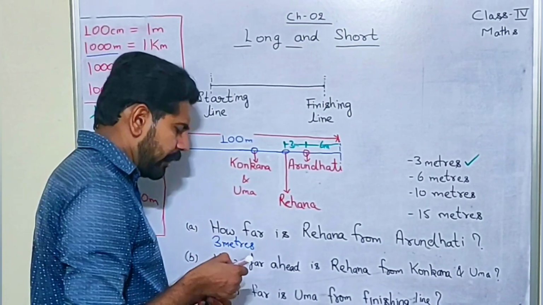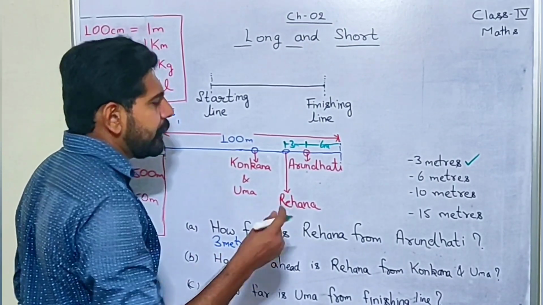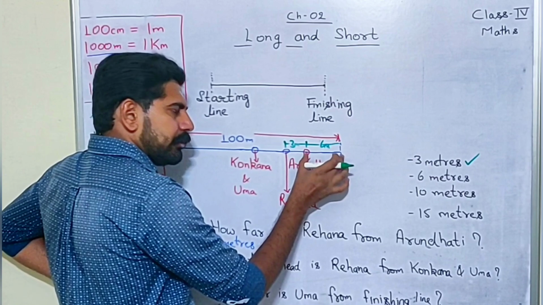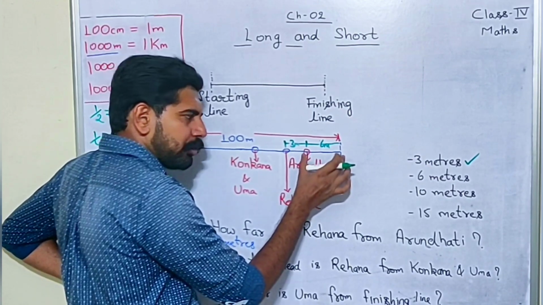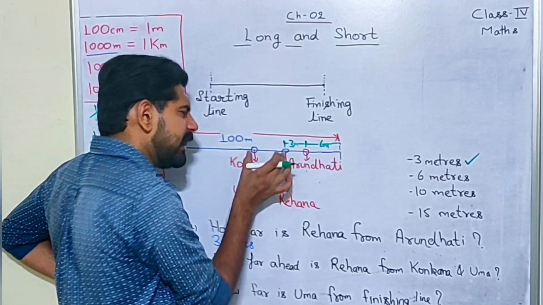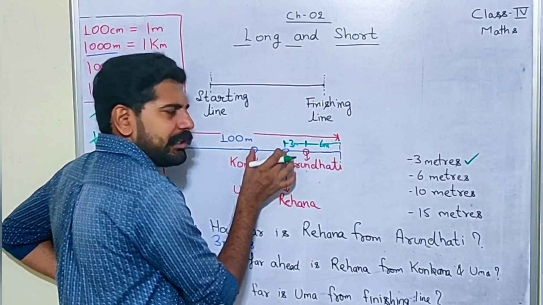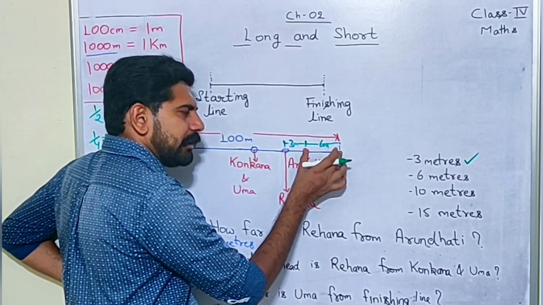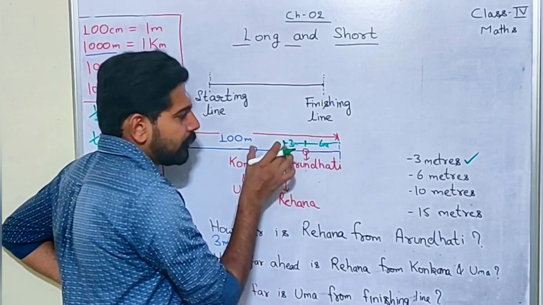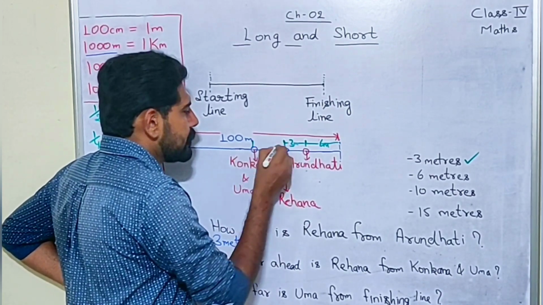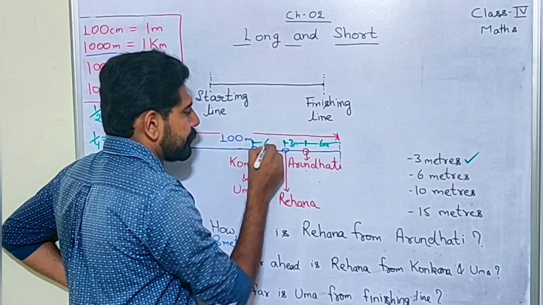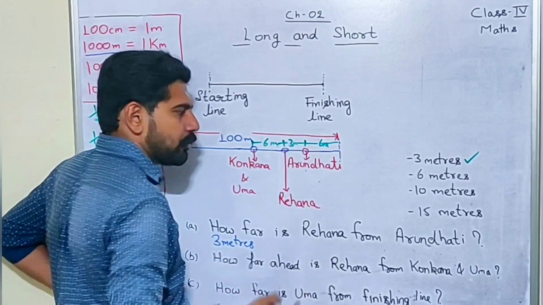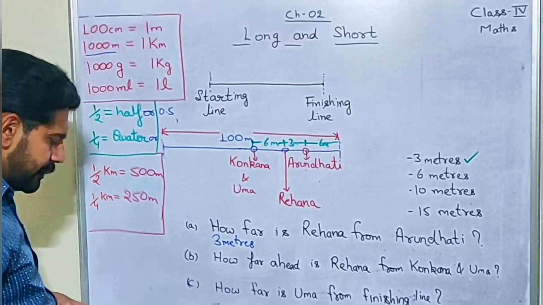If we see carefully, we can find that the distance between Arundhati and the finishing line is equivalent to this difference. So, what is the length here? 6 meters. What will be the length here? 6 meters. So the answer will be 6 meters.